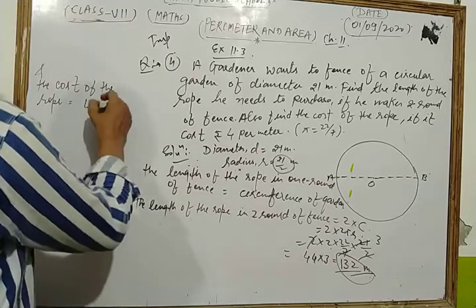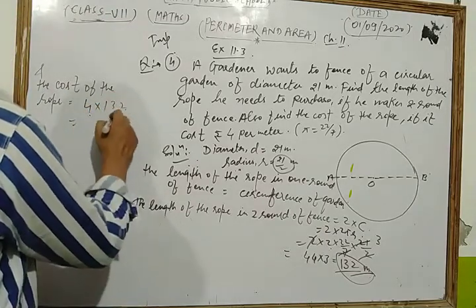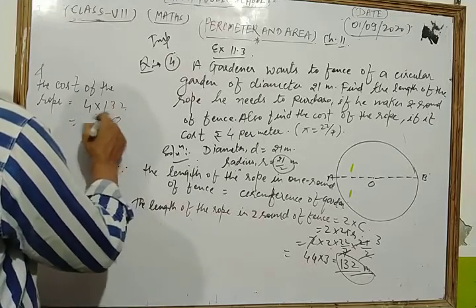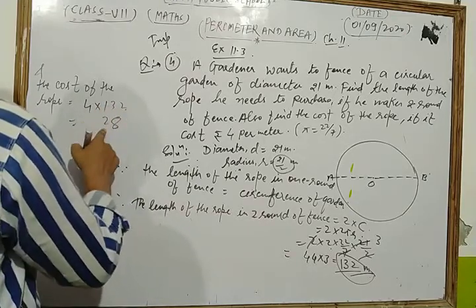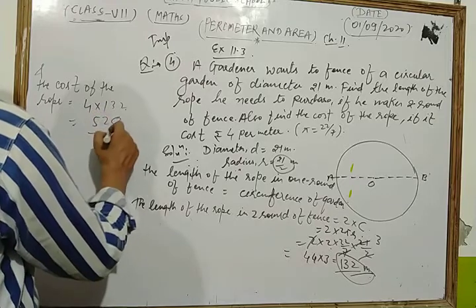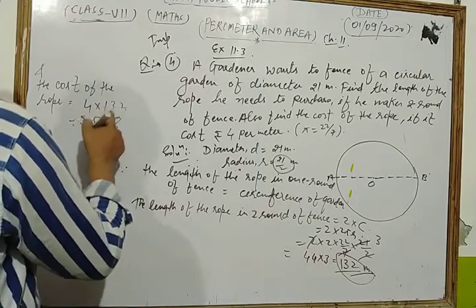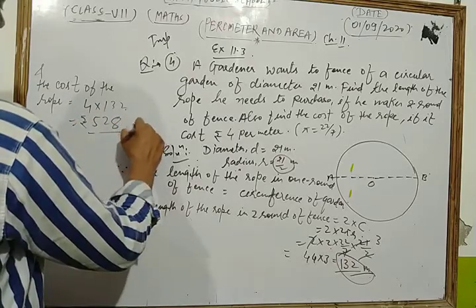So 4 and 132, we get 4 into 132, 528 rupees. Yes, this is your complete answer.